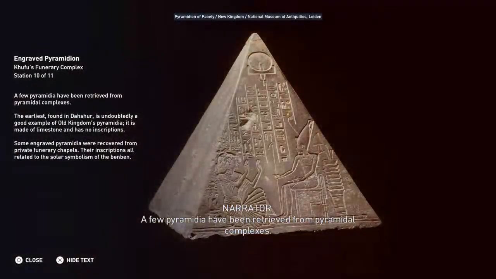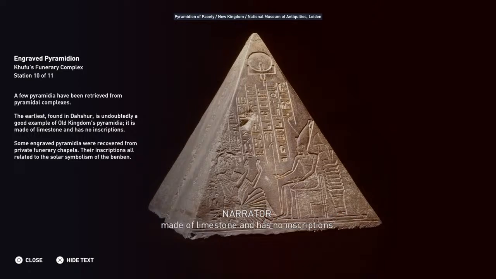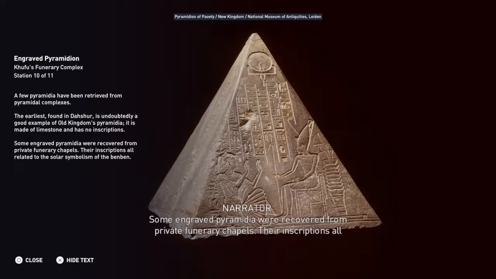A few pyramidia have been retrieved from pyramidal complexes. The earliest, found in Dashur, is undoubtedly a good example of Old Kingdom pyramidia. It is made of limestone and has no inscriptions. Some engraved pyramidia were recovered from private funerary chapels.